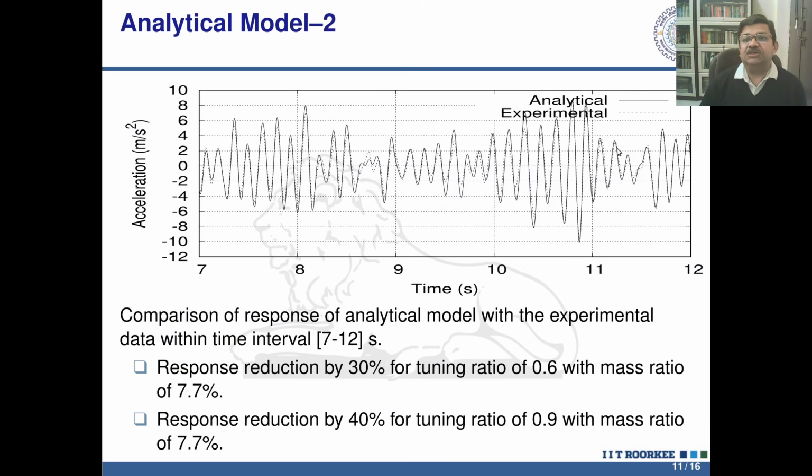So this is what we have. The continuous curve is the analytical result, and the dotted curve is what we recorded from the experimental investigation. As you can see, the agreement is very excellent, and naturally not much is happening here.